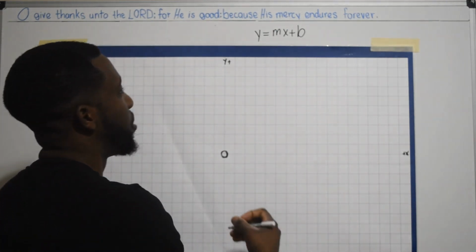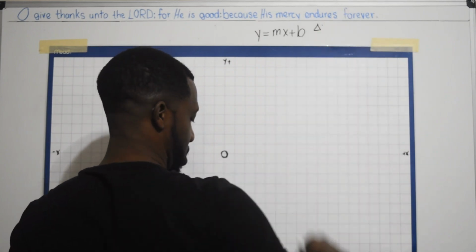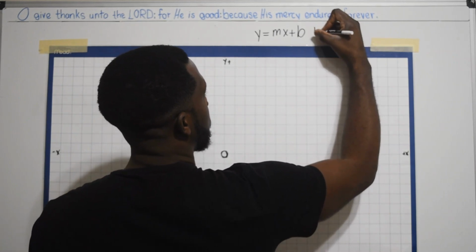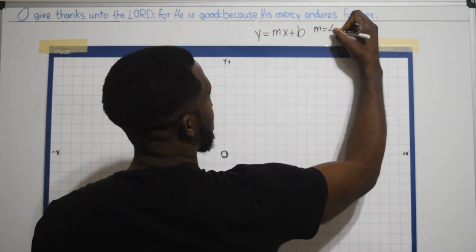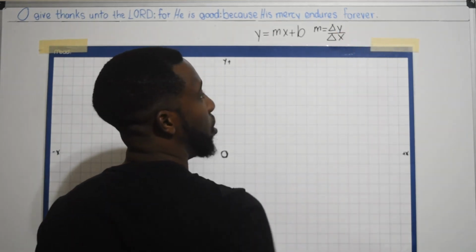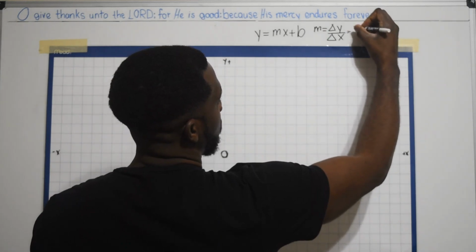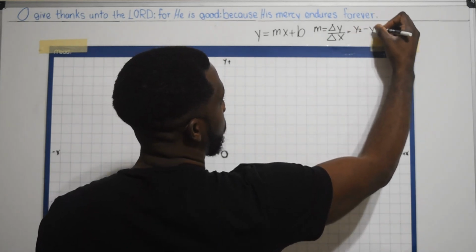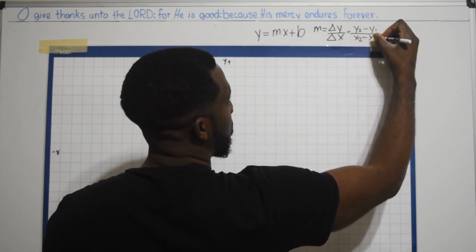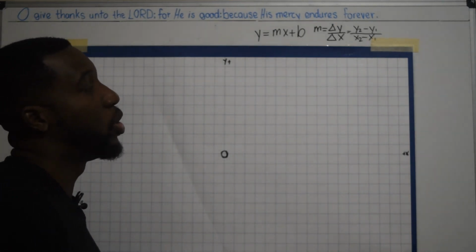So m equals the change in y over the change in x, or some people say y2 minus y1 over x2 minus x1. That's the formula for slope.